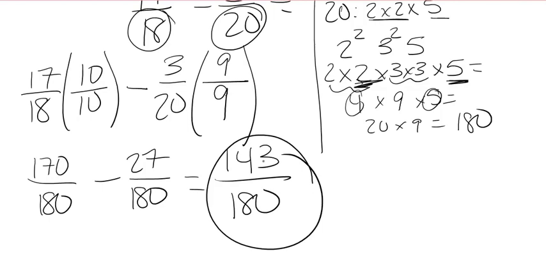Remember, whatever changes you make to the bottom number, you must also make to the top number. And after adding and subtracting, remember to reduce the fractions back to the lowest value if possible.